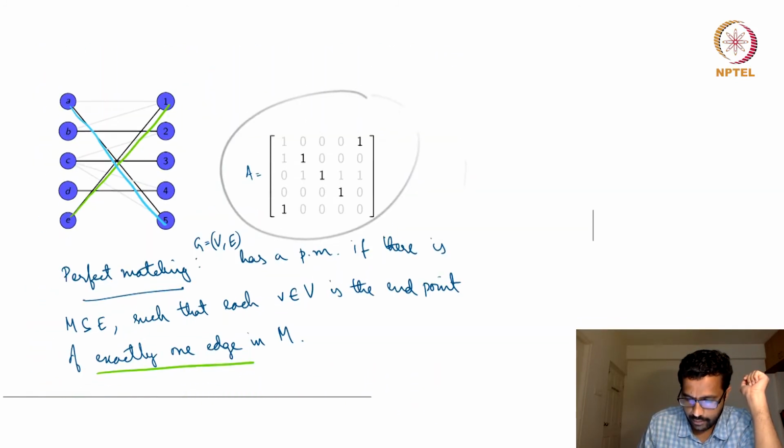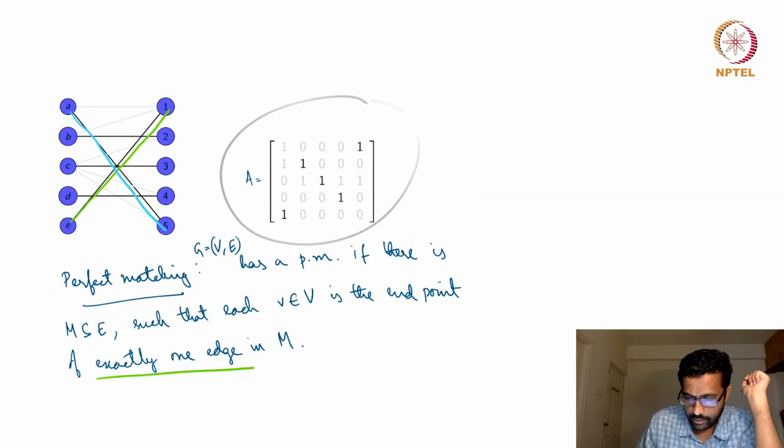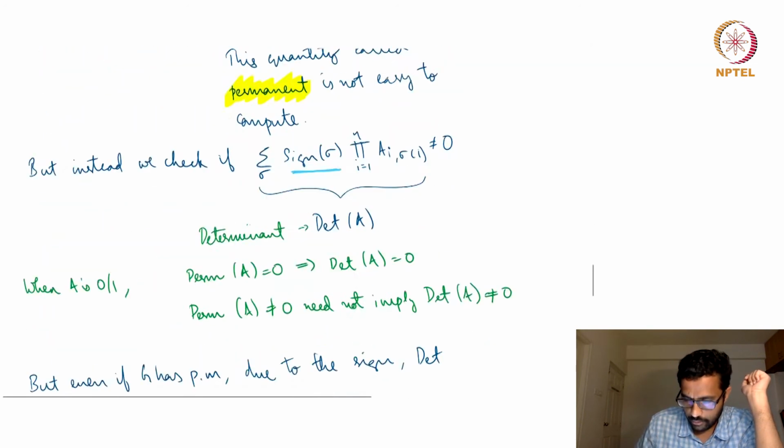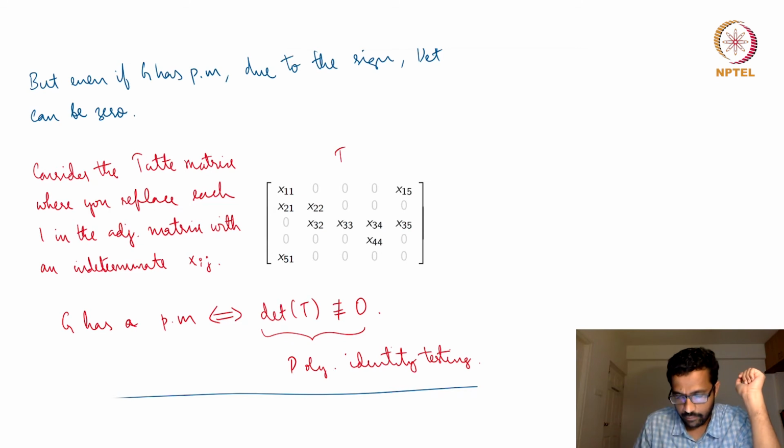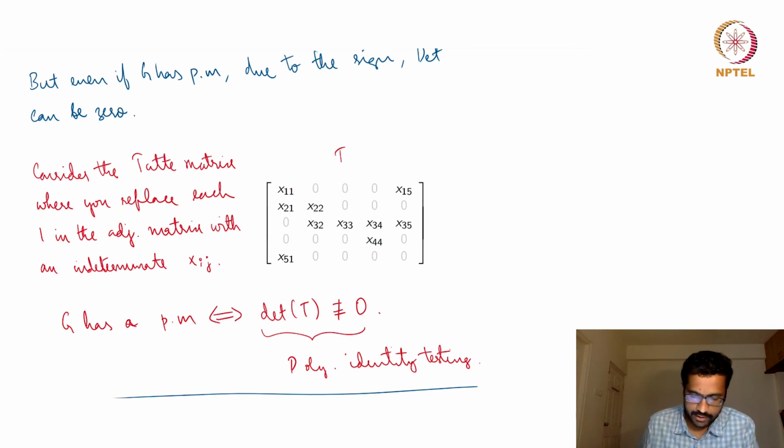So this is the matrix 1 0 0 0 1, 1 1 0 0 0, and so on. Now I am replacing each one of the ones with a variable. The first one is x11, the last one is x15, the second row is x21 and x22, and so on. All the ones have been replaced with variables. They are all different variables and don't have any relation to each other. Each one is replaced by a variable, and zeros remain zeros.